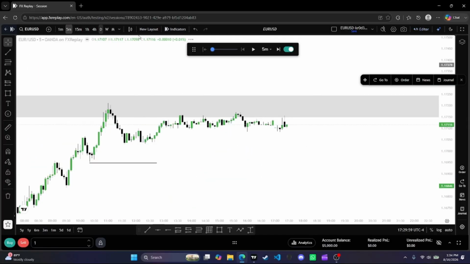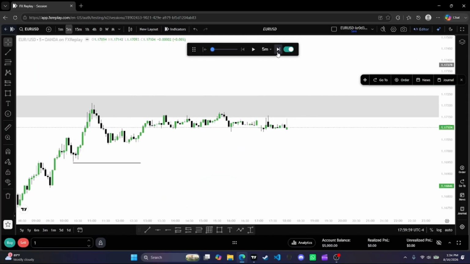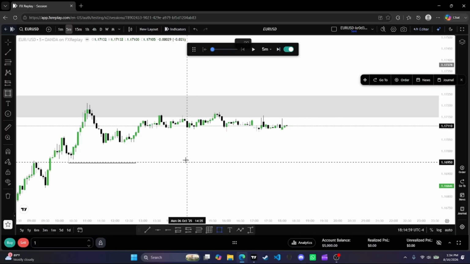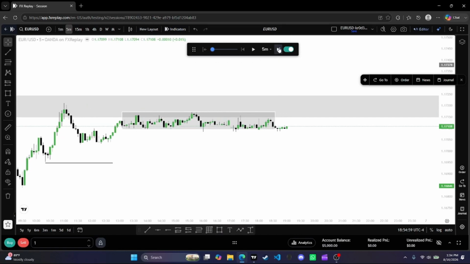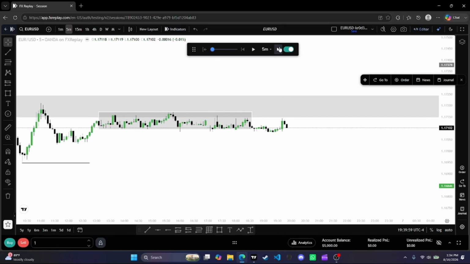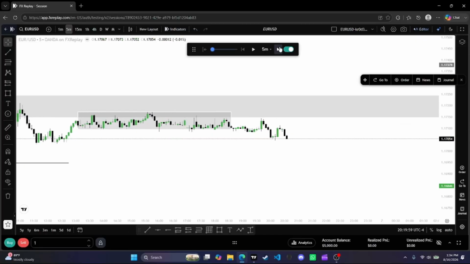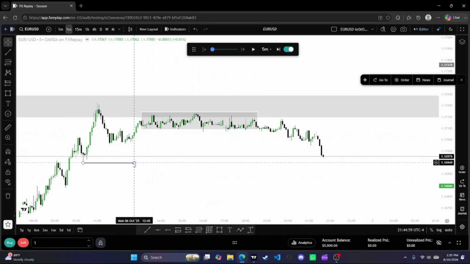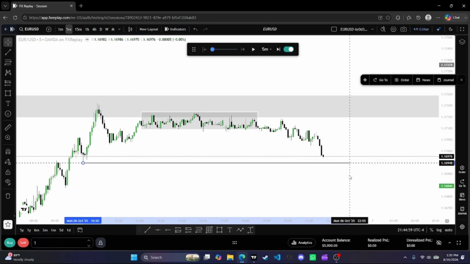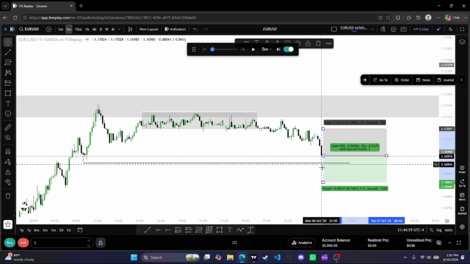So let's wait for this break. Right now this is consolidating, so you might take on this wave above. Alright, so it is gaining momentum. Now we can take a trade over here.